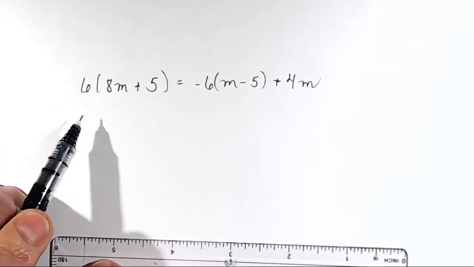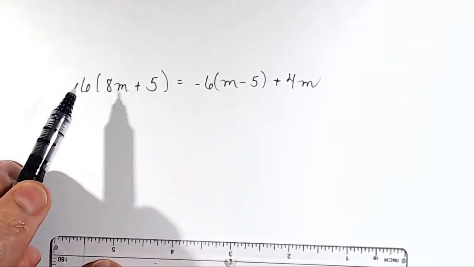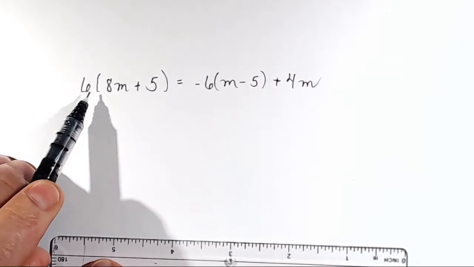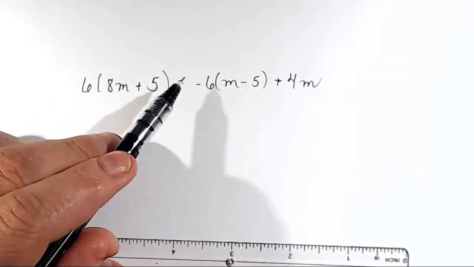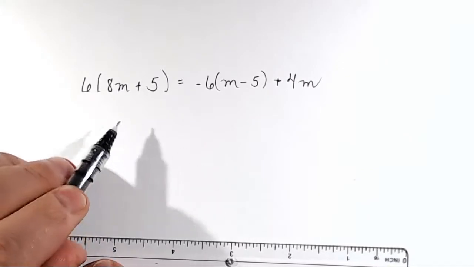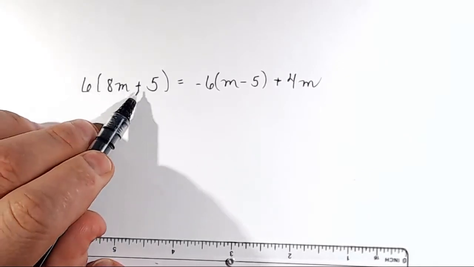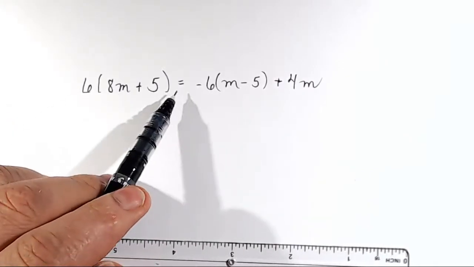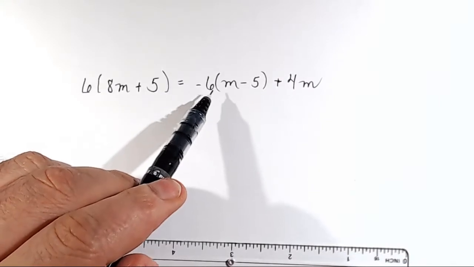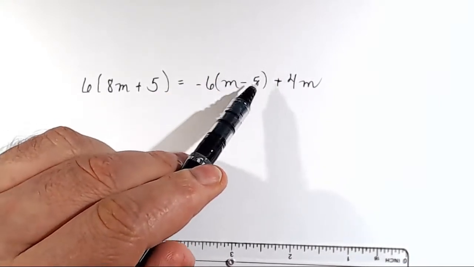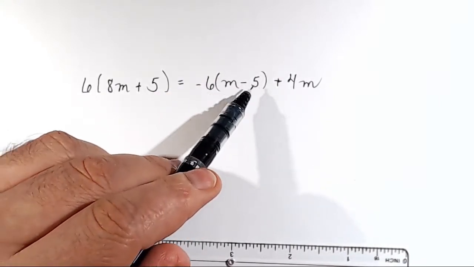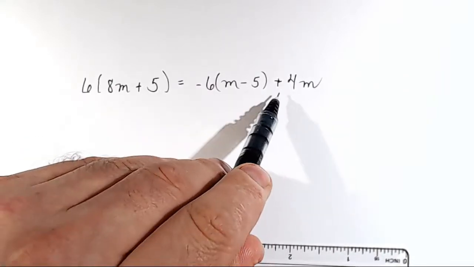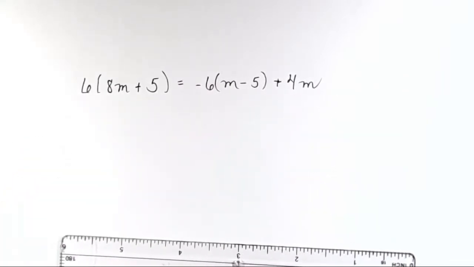The problem is telling us that we have, on the left side, 6 multiplied by this entire expression here, consisting of 8m plus 5, and that's equal to -6 multiplied by this entire expression here, m minus 5, plus 4m.